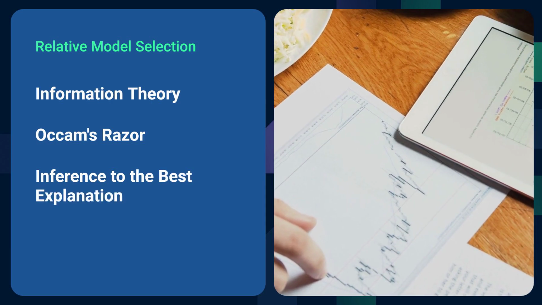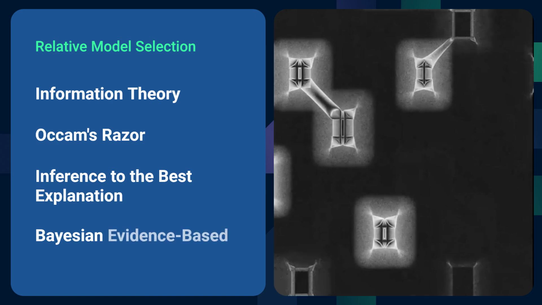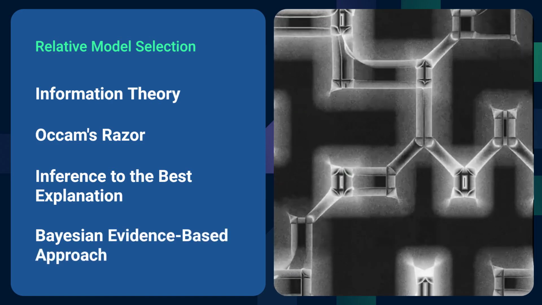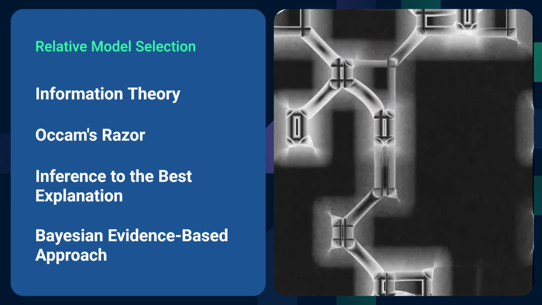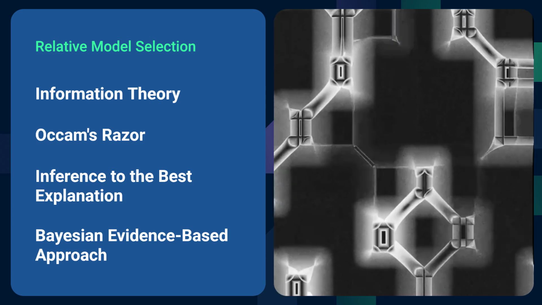These criteria estimate the relative information loss, or, from a Bayesian perspective, the evidence for different models. Their application spans traditional statistical modeling and modern data science, aiding in tasks ranging from regression analysis to feature selection.